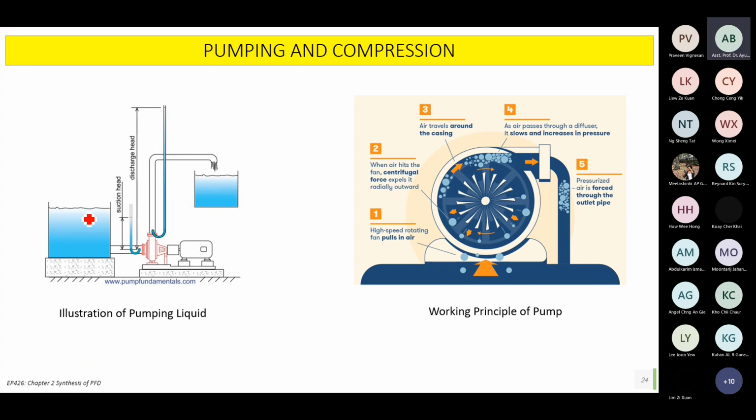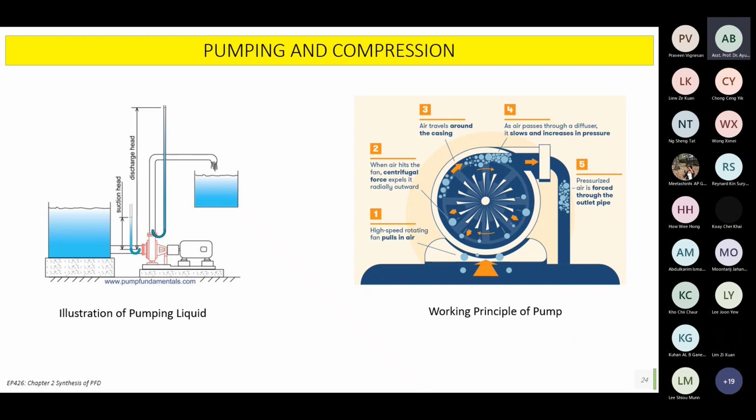Imagine this is steam that you want to transfer to another unit operation. It is better to condense it into liquid form and pump it rather than using a compressor, because the compressor needs a lot of energy.